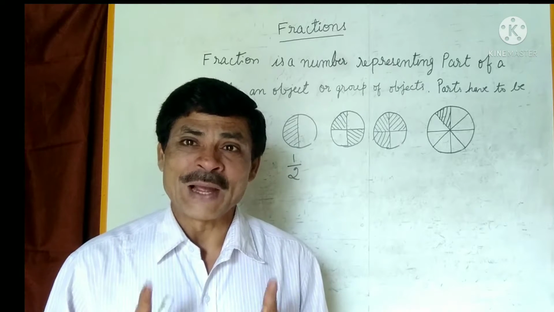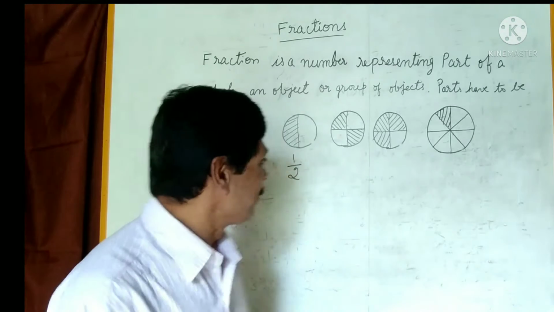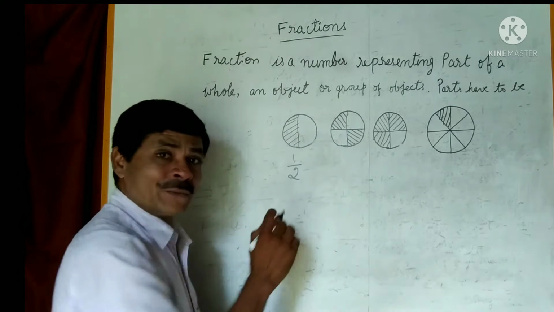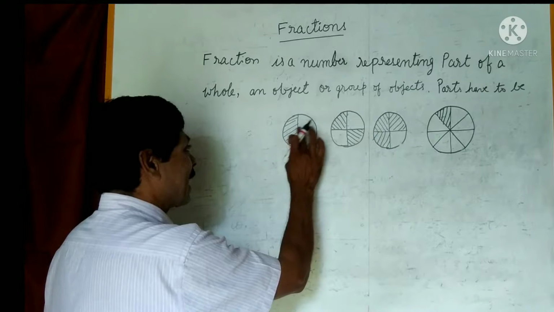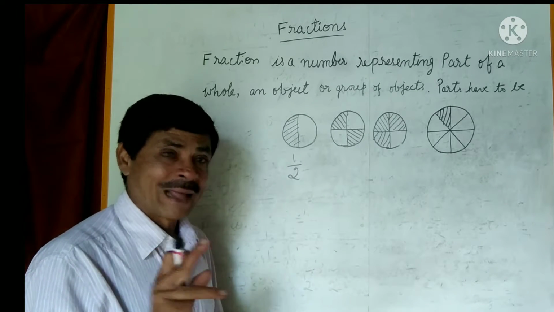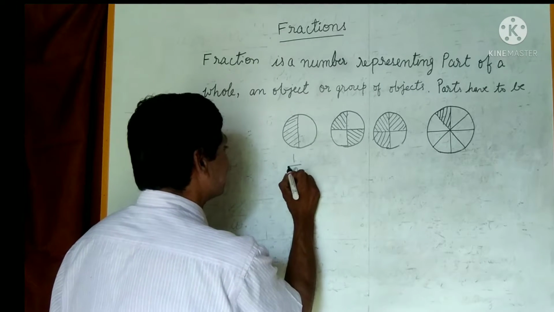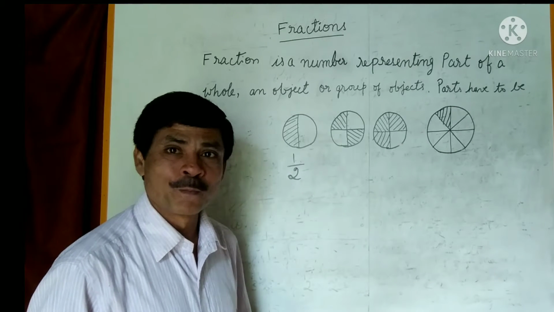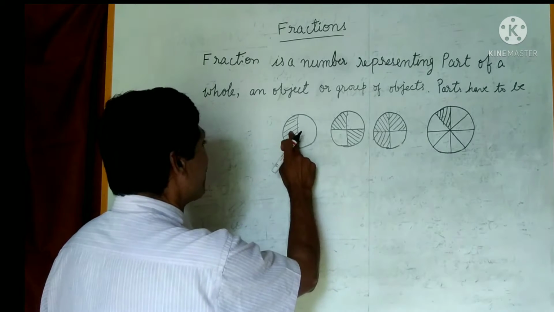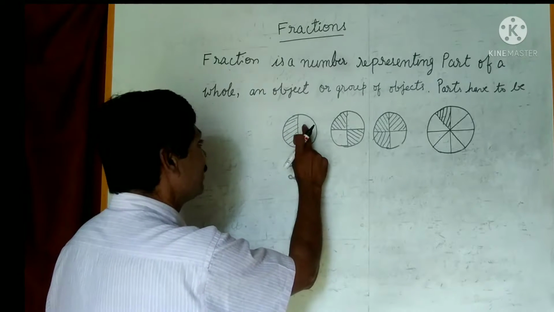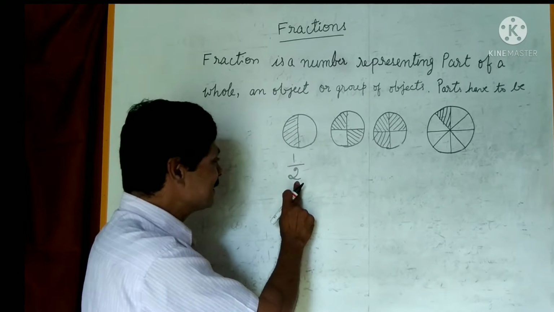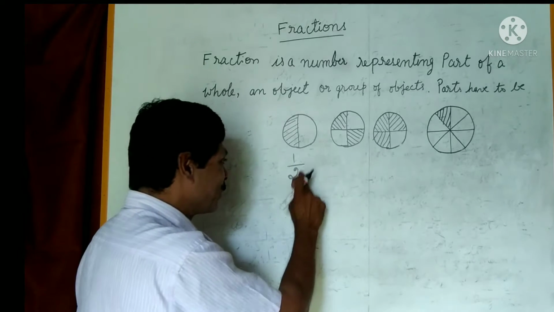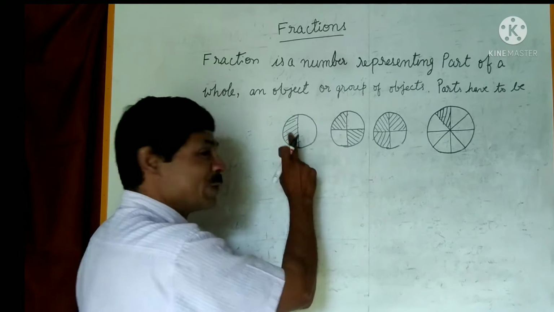Consider that we have one bread and we have made it into two equal parts, and we have taken out one part out of two parts, and this can be represented as 1 divided by 2. This means that one part we have taken out of two parts. That means here above we will write whatever we have taken out, and below we will write the total number of parts we have made.